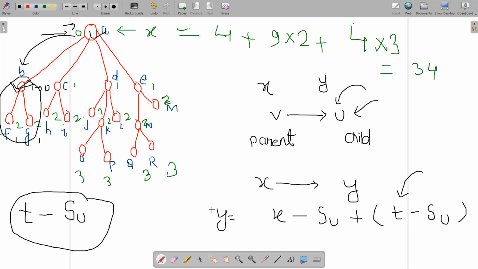Okay, so overall, what we are going to do is, first of all, find out the value of x, where x is the answer of y for any ith node, in O of n time, either using depth first search traversal or breadth first search traversal.